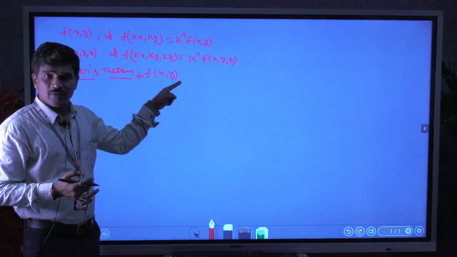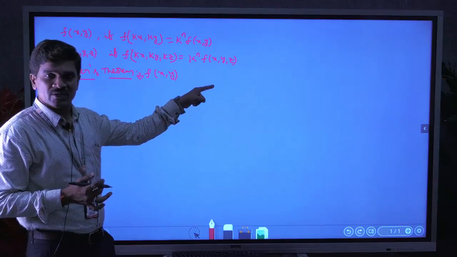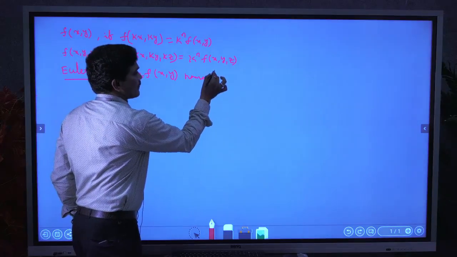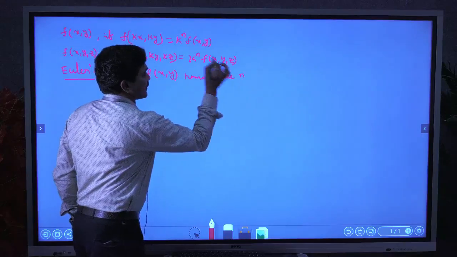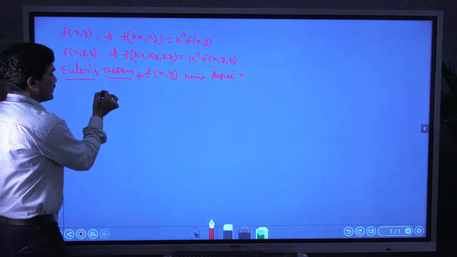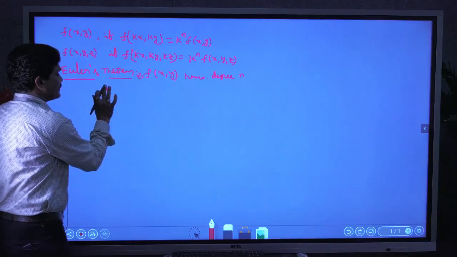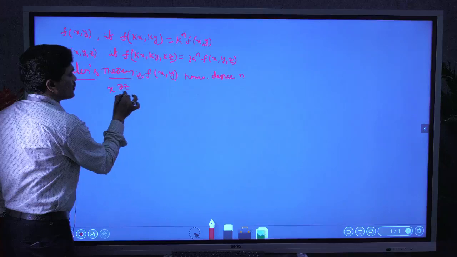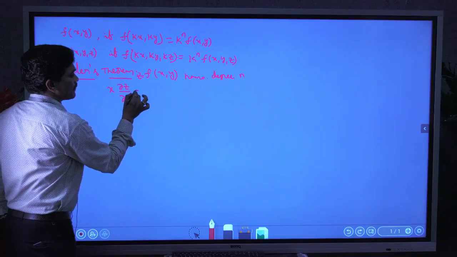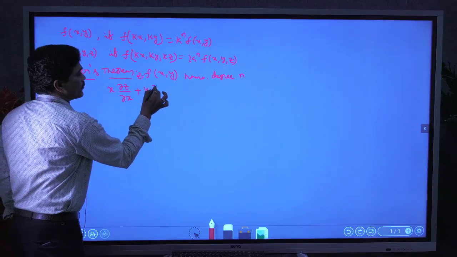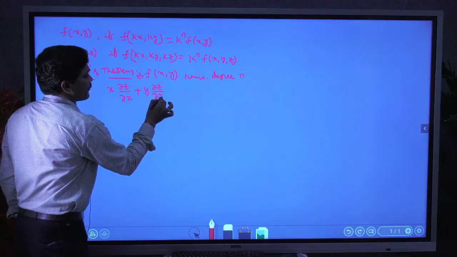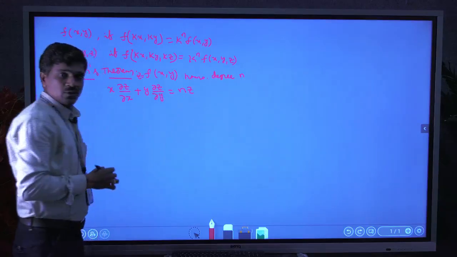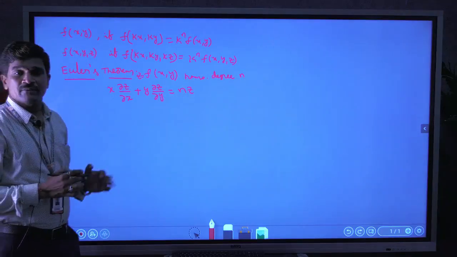Then x into dou z by dou x plus y into dou z by dou y is equal to nz. So this is the statement of Euler's theorem.